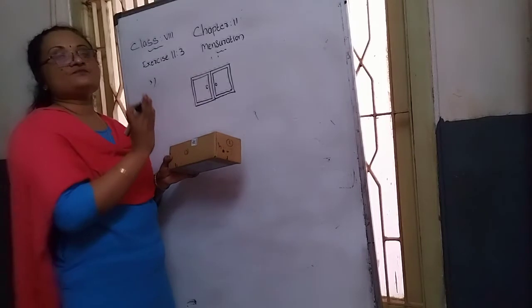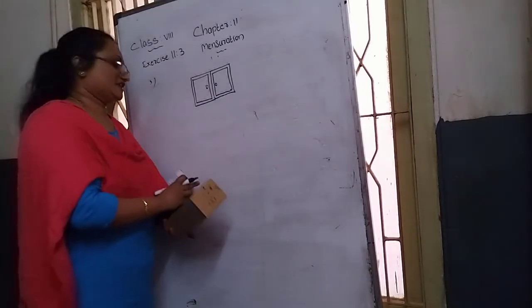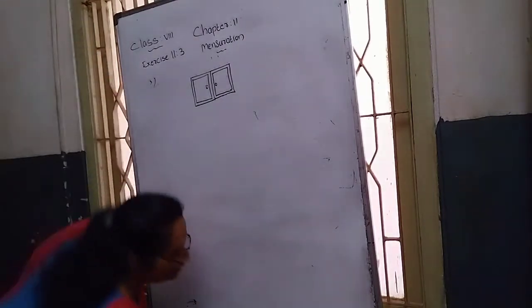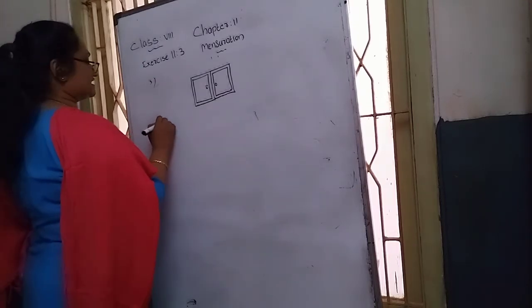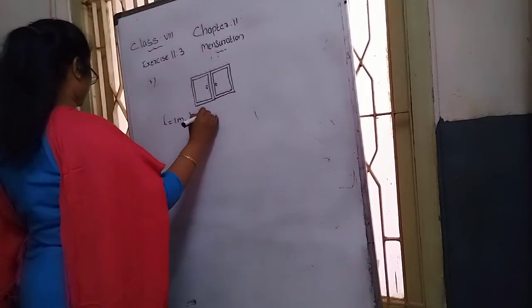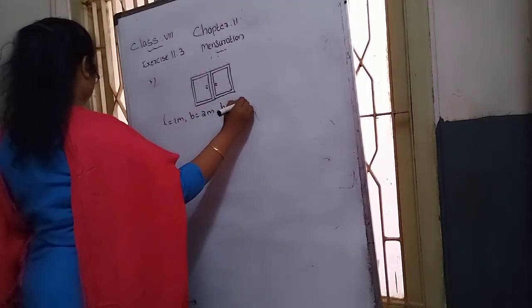So how much area of paint is required? That is the question. So what do we want to find out? Here the length is given as 1 meter, breadth is given as 2 meters, height is given as 1.5.